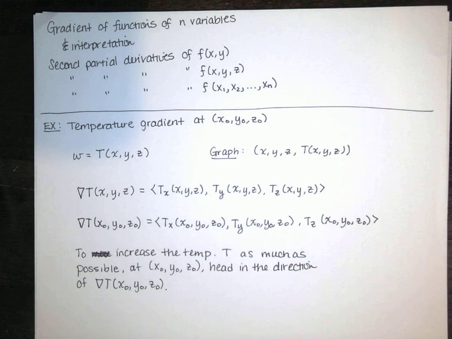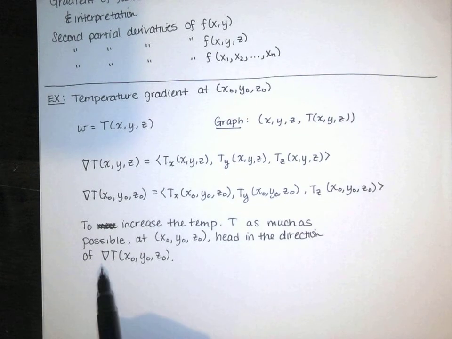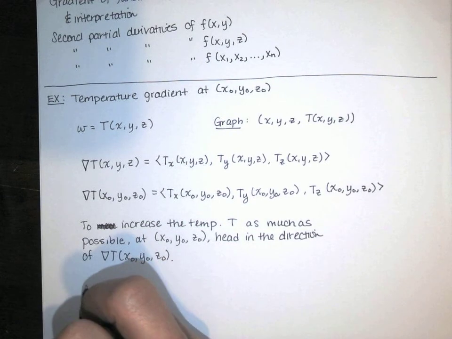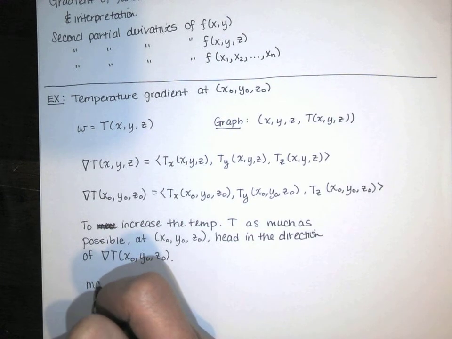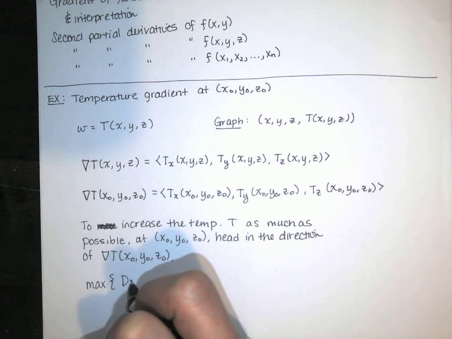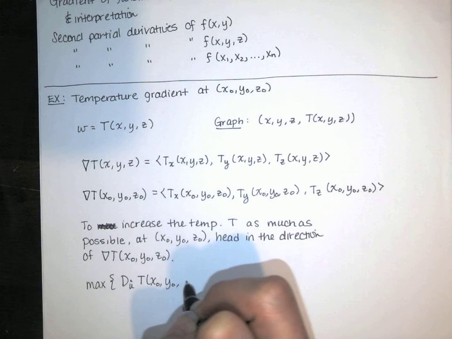And then if you're wondering, well, what's the rate of change of temperature as I go in that direction? The rate of change of temperature is, well, it's the maximum rate of change of temperature in any direction. So it's going to be the maximum directional derivative of our temperature function at that point.